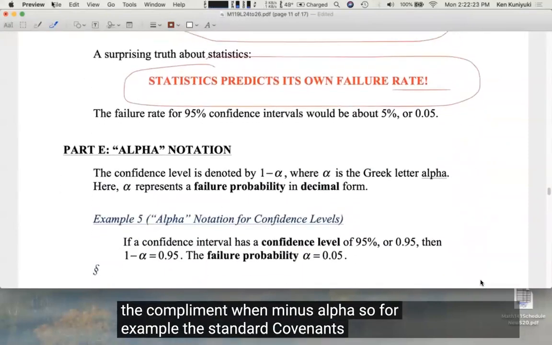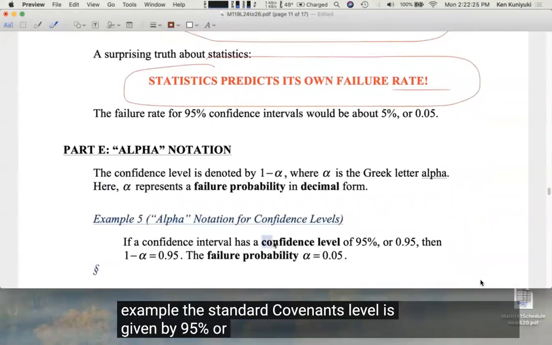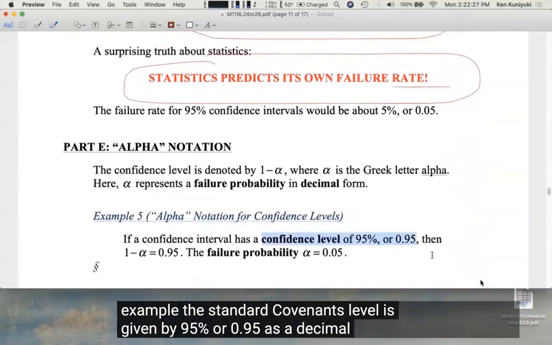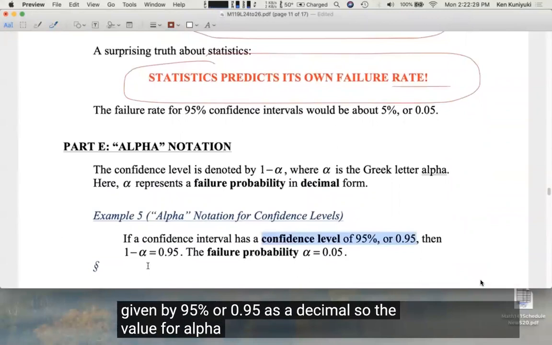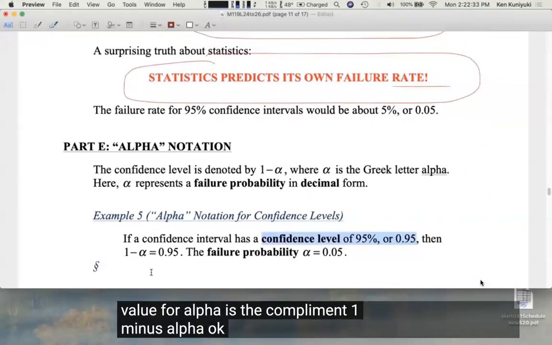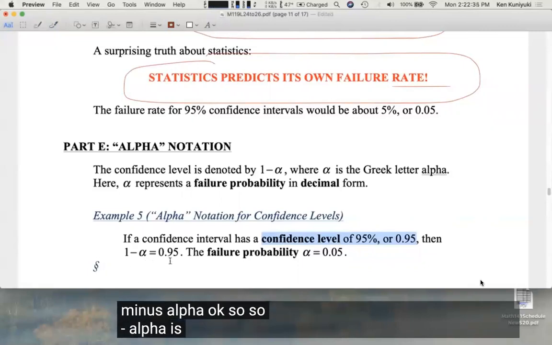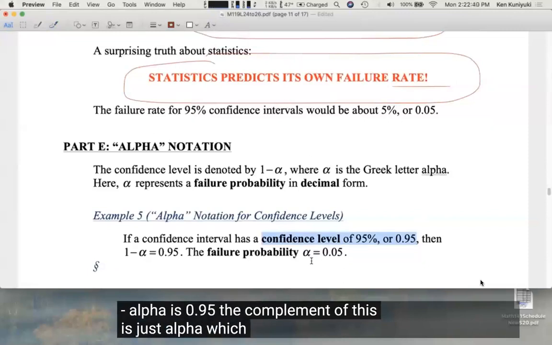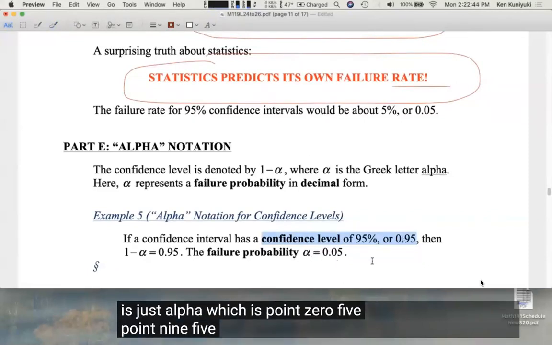the standard confidence level is given by 95%, or 0.95 as a decimal. So 1 minus alpha is 0.95. The complement of this is just alpha, which is 0.05. 0.95 and 0.05 are complementary probabilities.